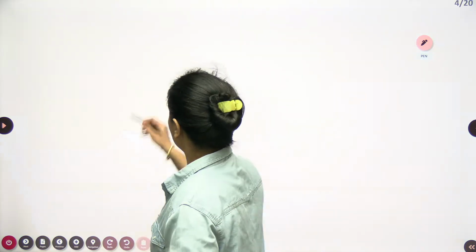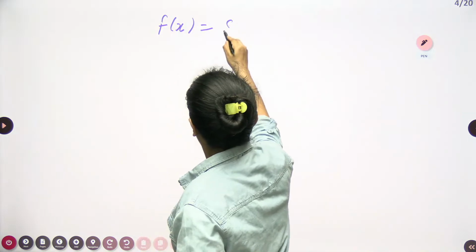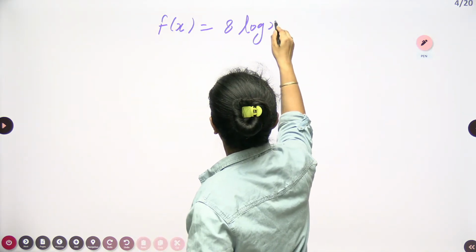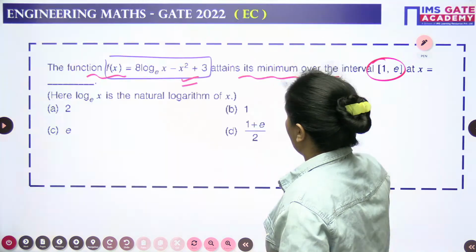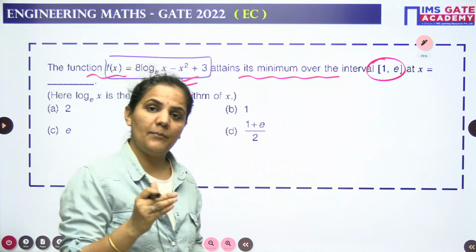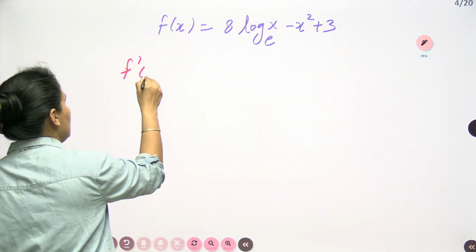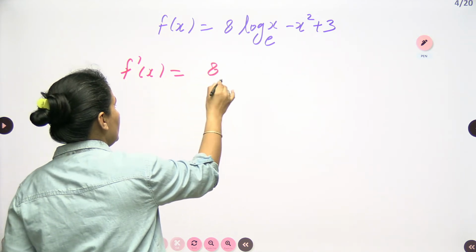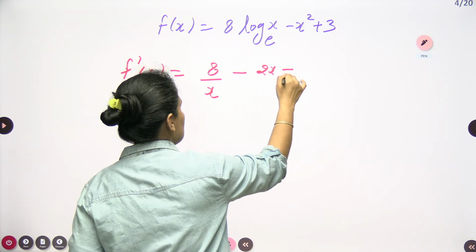Let's have a discussion. Here the function is 8 log x to the base e minus x square plus 3. As we need to find the minima, dear students, we will approach with the first order derivative. First of all I will find f dash x, which is 8 by x minus 2x plus 0.